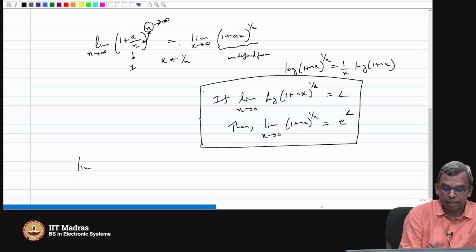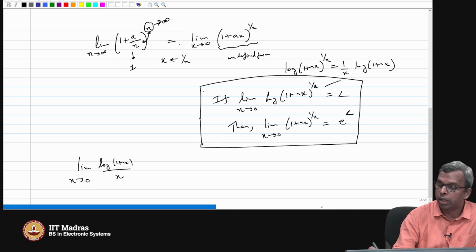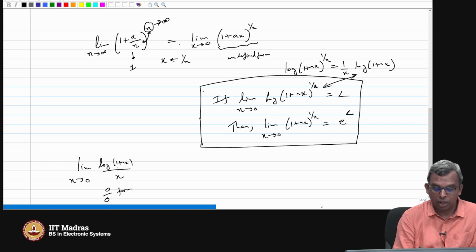Okay. So the limit as x tending to 0 of log (1 plus ax) by x, right. So this is the limit. Now here I have a 0 by 0 form, right. Since x is 0, log 1 is 0, and the denominator is also 0. So I have a 0 by 0 form, so I use L'Hopital.